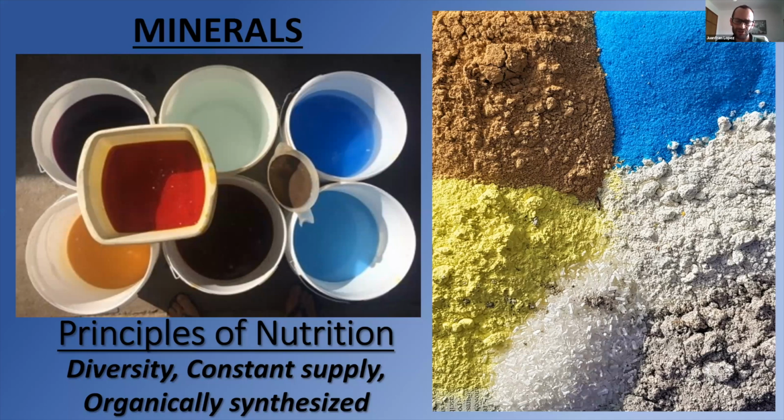The minerals in the soil have to be available but not soluble, not in a soluble form as the conventional fertilizers are. We need to put the food there so the plant can take it whenever the plant needs. And for sure, it's important that those elements or molecules have to be organically synthesized through microbiology.